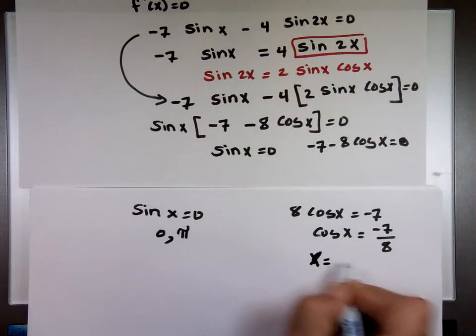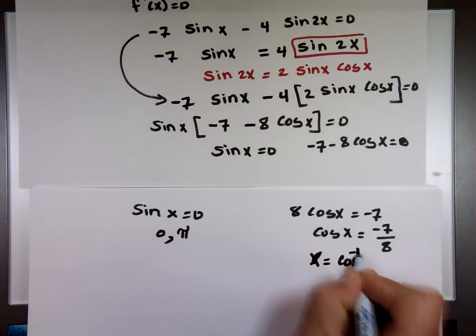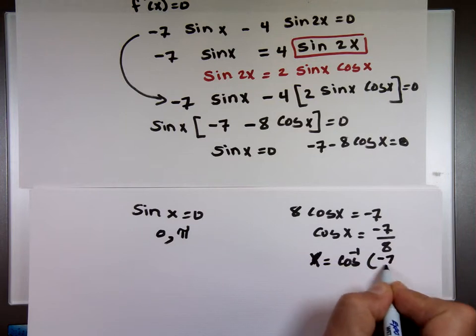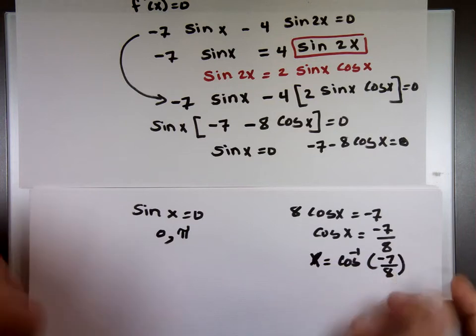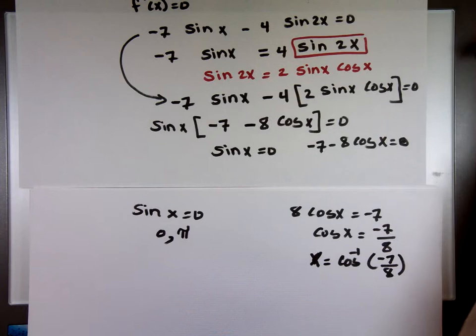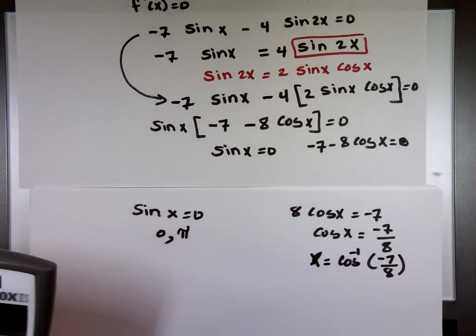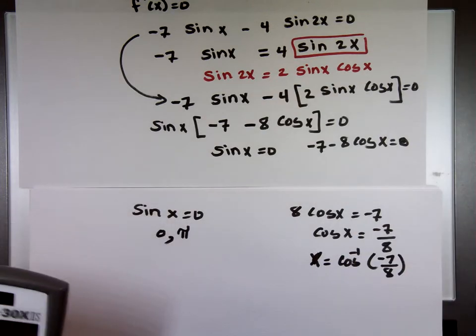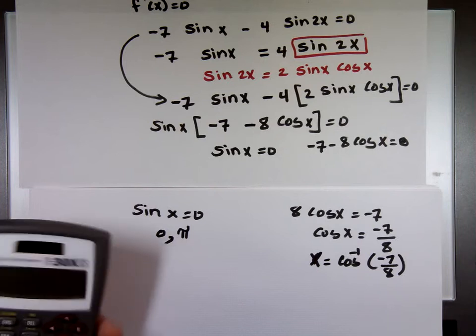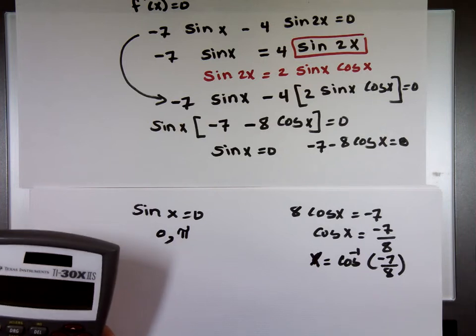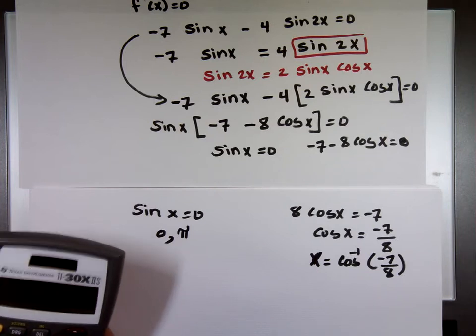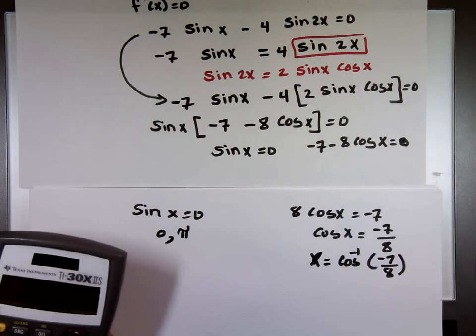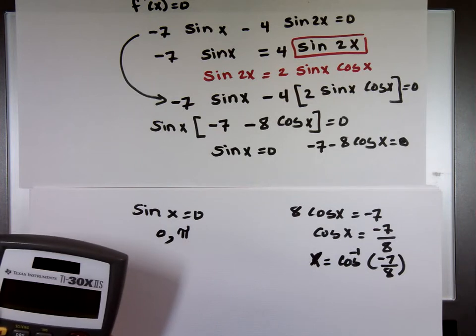The inverse cosine of negative 7 over 8. So make sure you calculate in radian mode, not degree mode. Make sure it's radian. Inverse cosine of negative 7 divided by 8. I get 2.636.